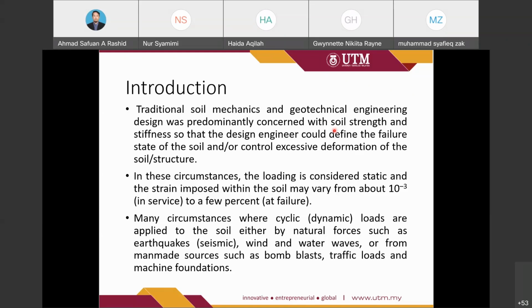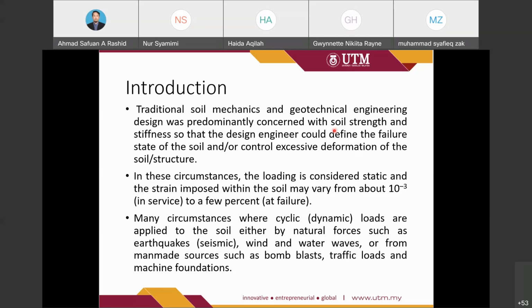However, we still experience some earthquake effects which occur in the Indonesia area. Then we have wind and water waves that still contribute dynamic loads on the building and cause problems to the ground.